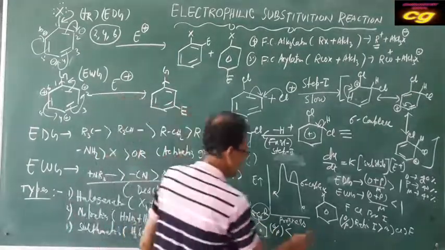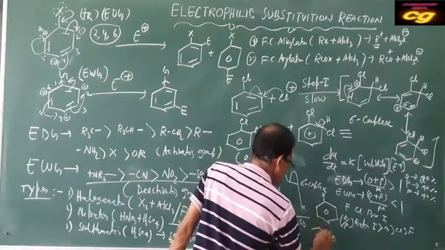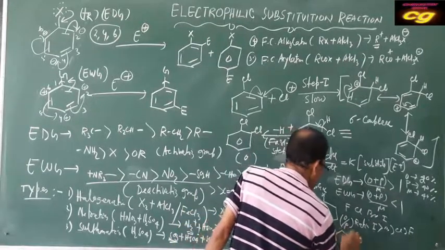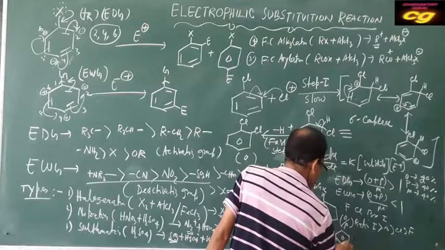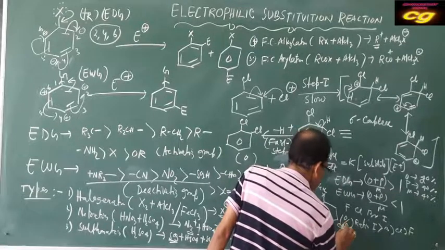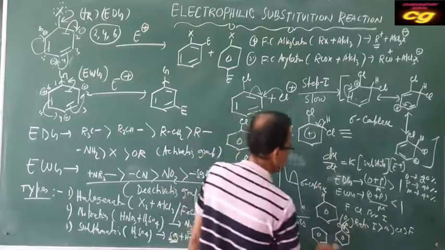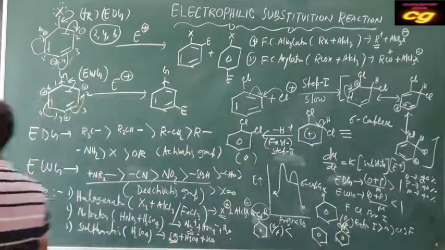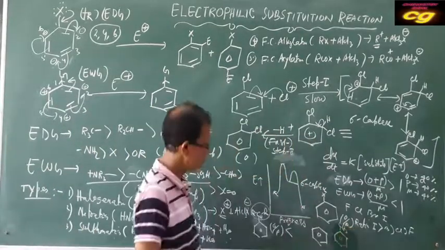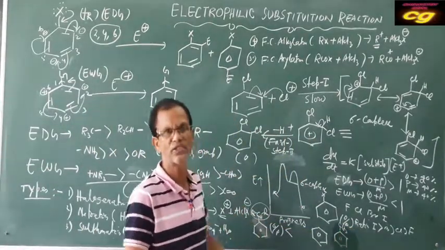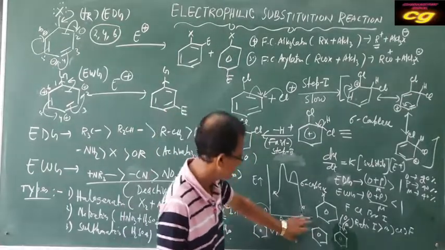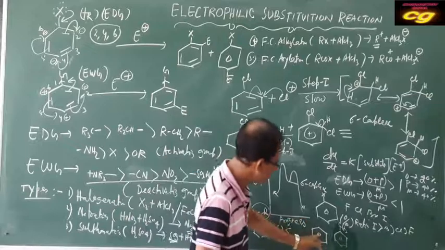For example, if you compare benzene and toluene, suppose R is a CH3 group, toluene. In case of toluene, the methyl group is here. Benzene is not an ortho para directing group, but toluene is.